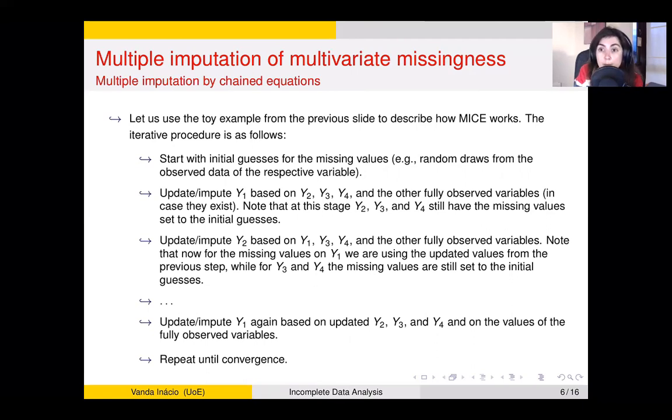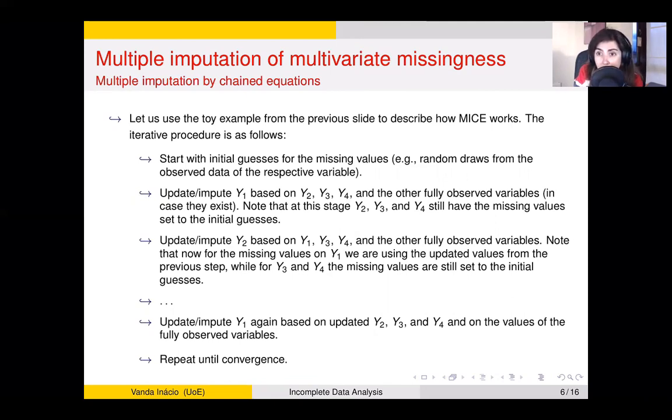Imagine that I'm interested in imputing y1 given y2, y3, y4, and the other fully observed variables, but y2, y3, and y4 have missing values. So to start the procedure, I impute the missing values also on y1. So I impute all missing values in all variables in a very naive approach.